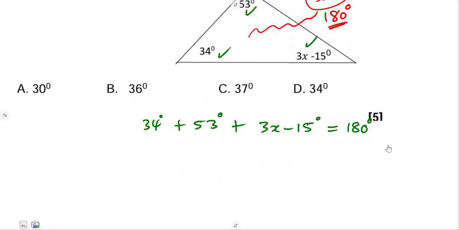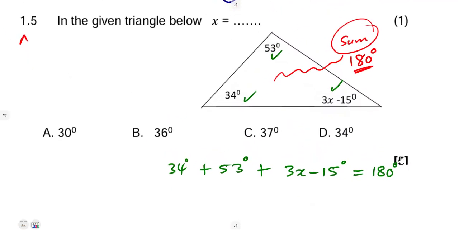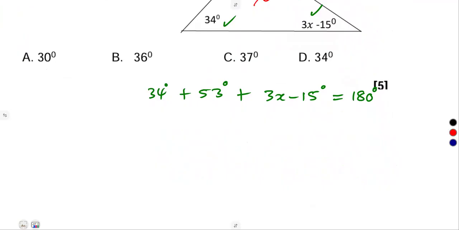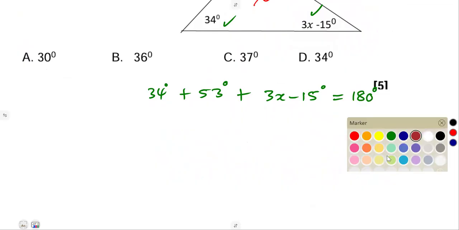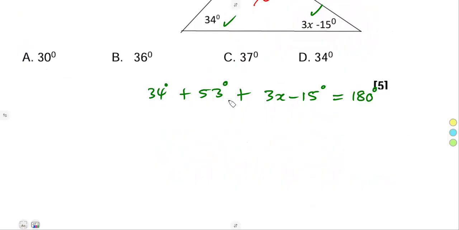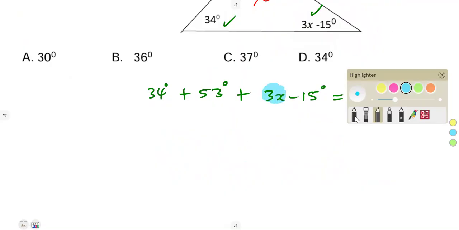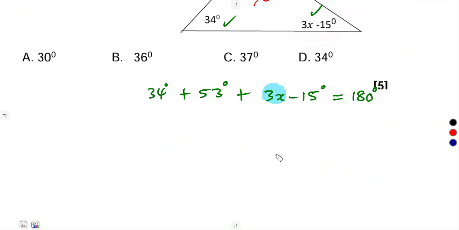So we've got an equation. From this equation, let us solve for x. We have an equation. Left-hand side is equal to the right-hand side. So solving for x, we only have one, okay? There's just that part of 3x. So let us just have it aside. So 3x, then let us collect the constants.